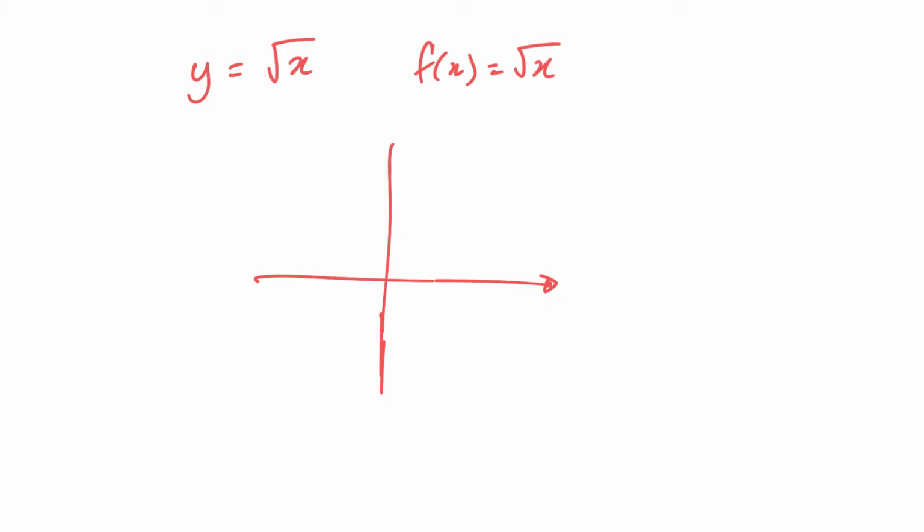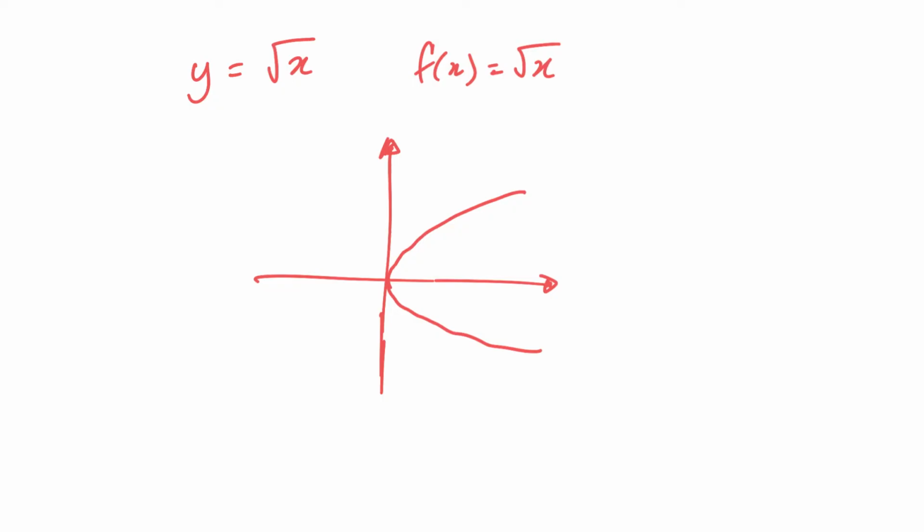Now, if I think of something slightly different, like y equals square root of x, or f of x equals square root of x, either way I write it. Now, how does that look? This one's going to look something like this. Excuse my drawing, obviously not perfect there.